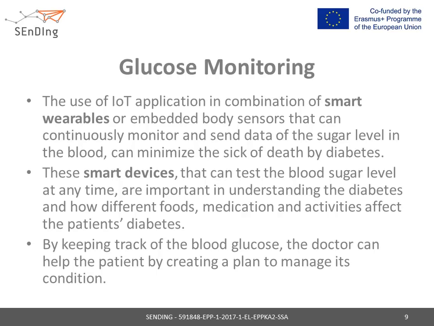These smart devices, that can test the blood sugar level at any time, are important in understanding diabetes and how different foods, medication, and activities affect the patient's diabetes. By keeping track of the blood glucose, the doctor can help the patient by creating a plan to manage their condition. These devices are called glucometers and are portable blood glucose meters that check the blood sugar levels.